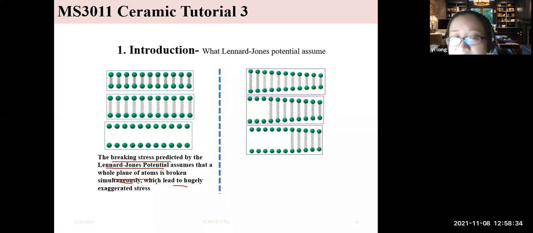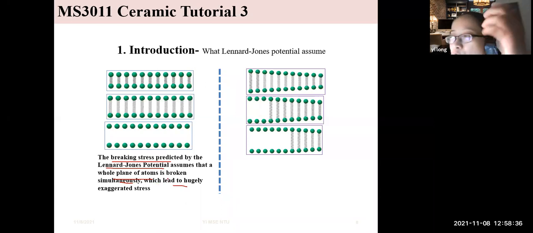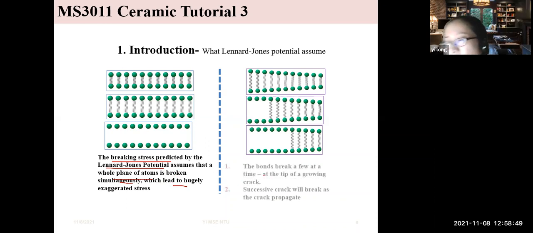For example, as I said, your handphone, your computer always have pre-existing pores there already. You just cannot see them with your eyes, but if you put it under a microscope, you will see them very clearly. So your crack is going to propagate from the worst crack. That's what we say here: the bonds break a few at a time at the tip of growing cracks. Now this becomes successive breaking, one by one, as the crack propagates. So this will be much easier.